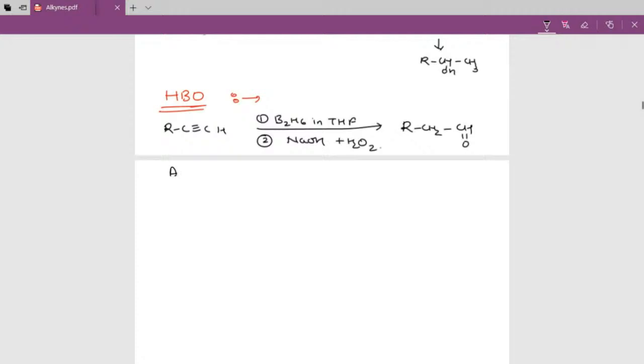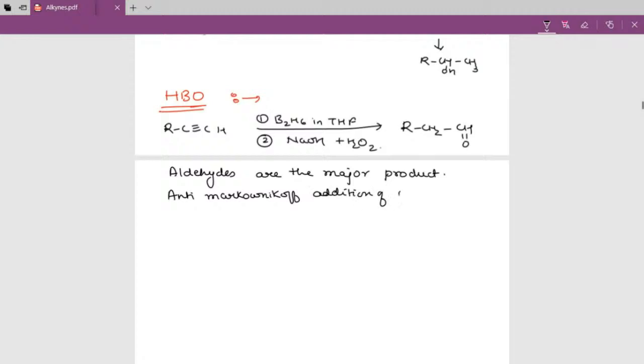Okay, so here always aldehydes are the major product, because it is anti-Markovnikov addition of water followed by tautomerization.